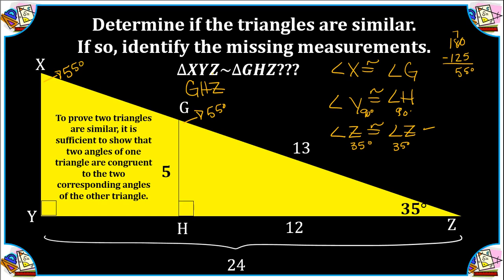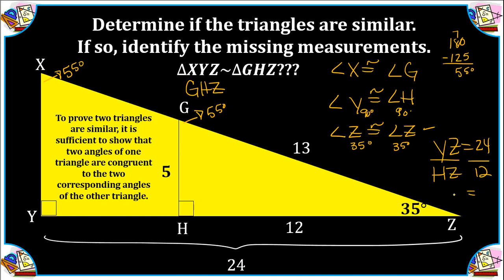Now let's find the scale factor and find the missing parts to the big triangle. We can see the triangle GHZ has lengths 5, 12, and 13. So the one pair of corresponding sides we have is HZ and YZ. So YZ is 24 and HZ is 12.